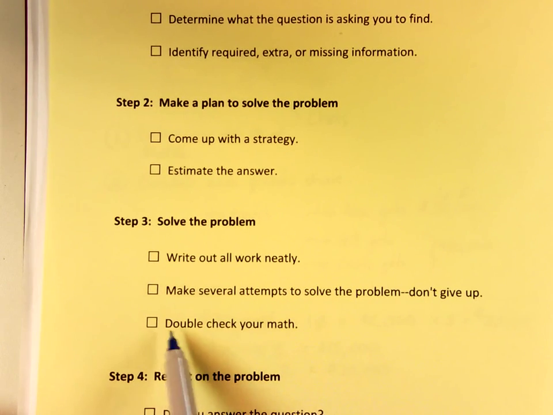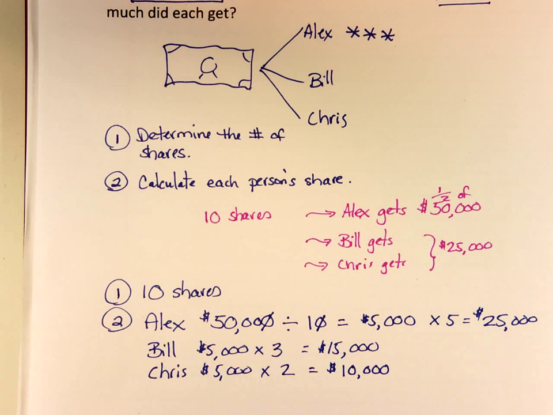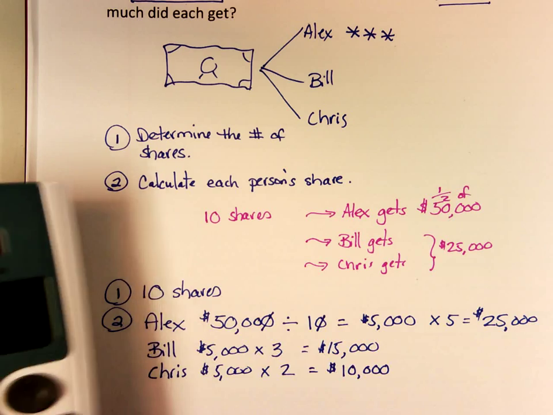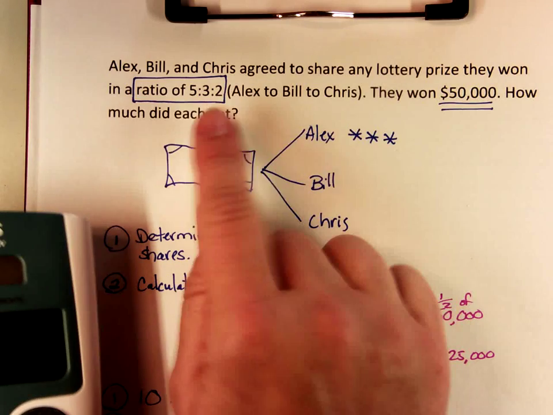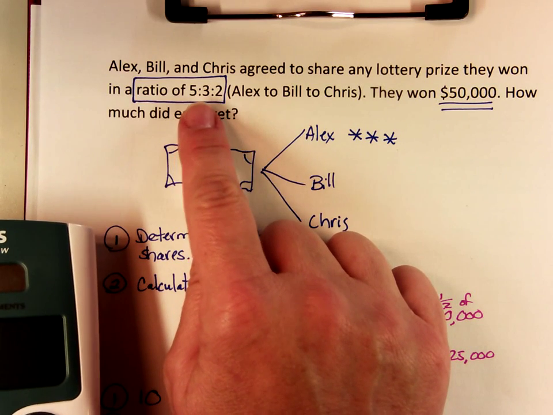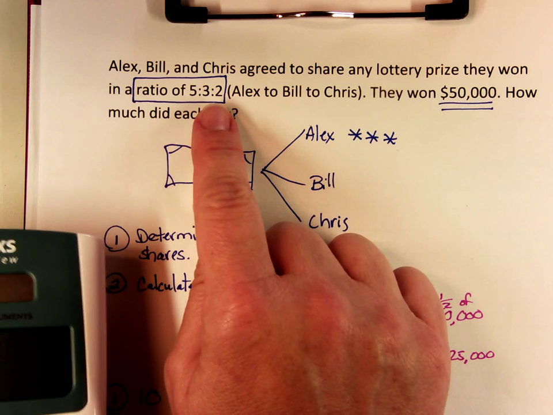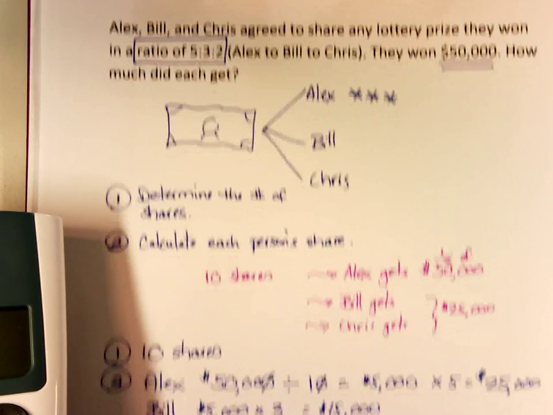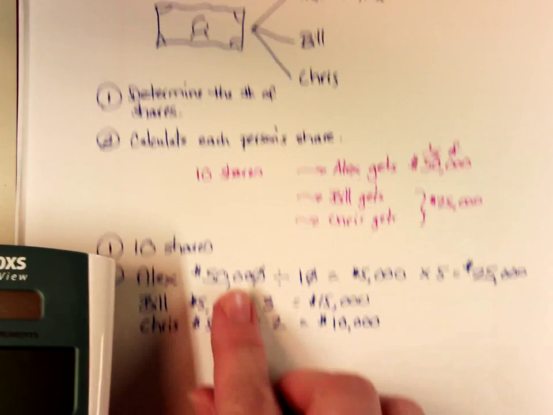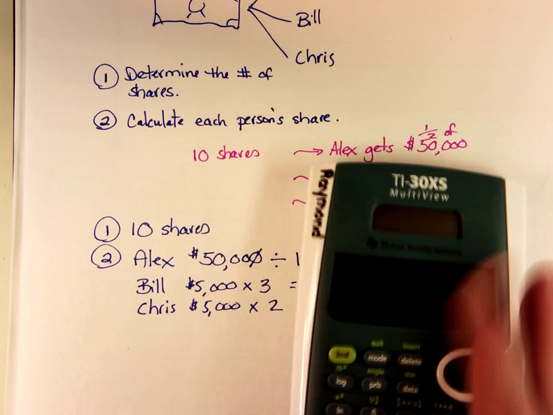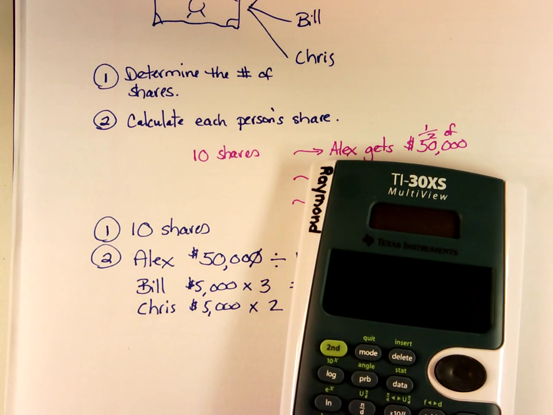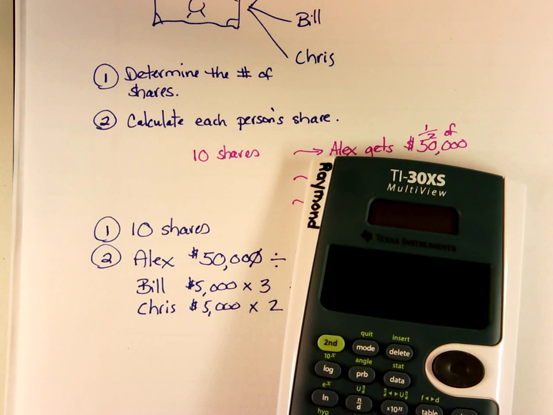Let's try double checking our math. I just did most of it in my head, but we can actually get our calculator out. I'm going to assume that I was able to add 5 plus 3 plus 2 and get 10. I did that a couple of times in my head. Now, let's figure it out though. The total windfall that they won was $50,000.